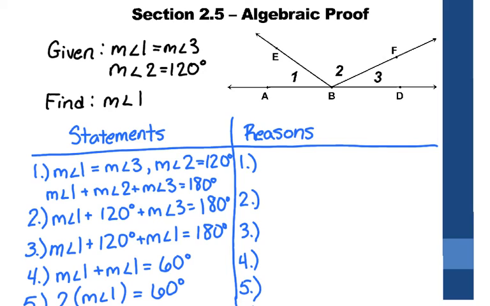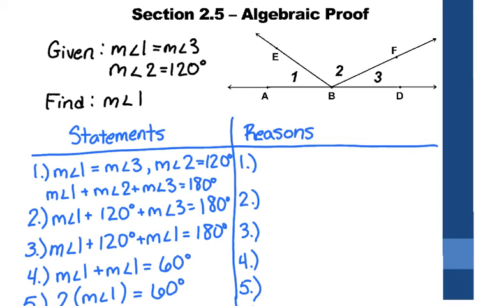It says, given this diagram and this information we have given, measurement of angle 1 is equal to measurement of angle 3. That's what the M stands for, measurement of angle 1. And then we also have this in our given, that the measurement of angle 2 is equal to 120 degrees.